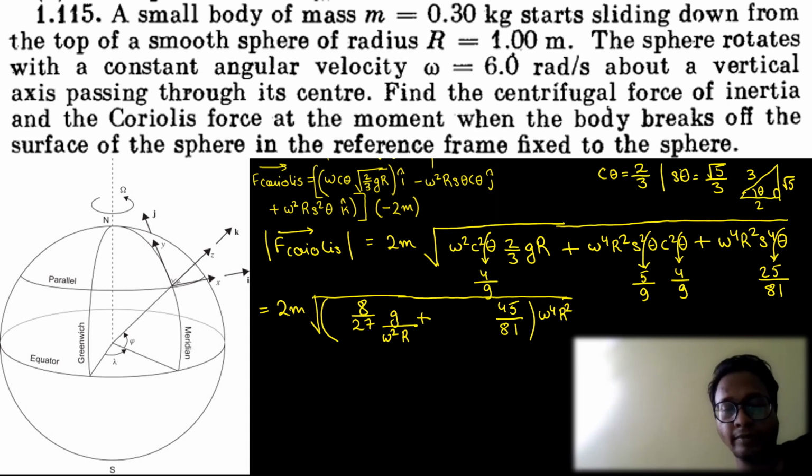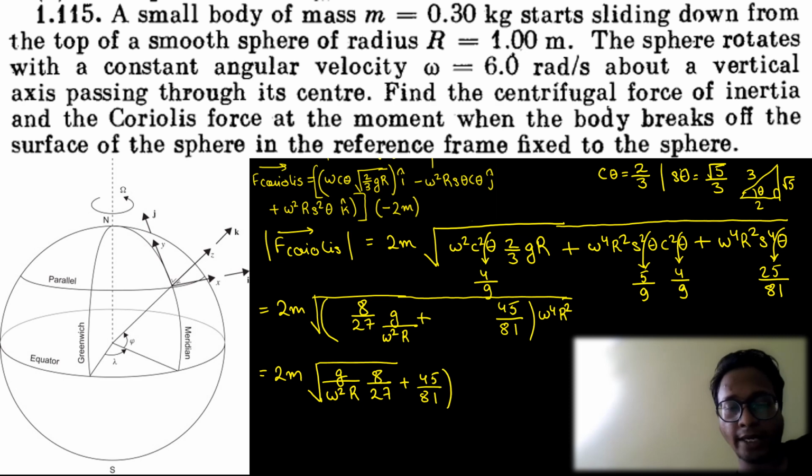So this is nothing but, let's write it down out here, 2m under root of g by omega square r 8 by 27 plus 45 by 81, bracket into how much?